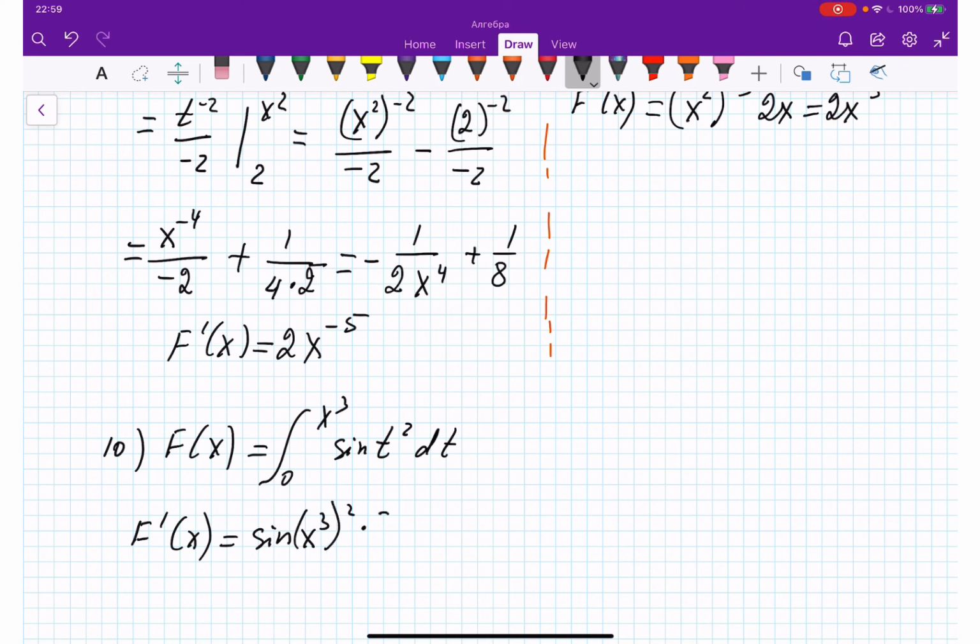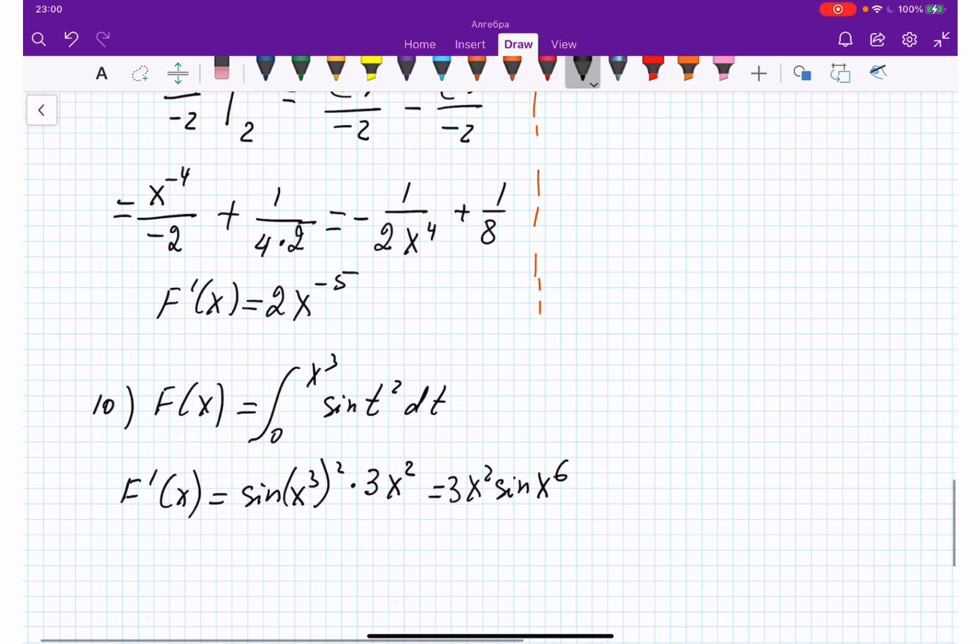And times 3x squared, the derivative of x cubed. And this is going to be 3x squared sine x to the power 6. All right. And let's solve the last one.